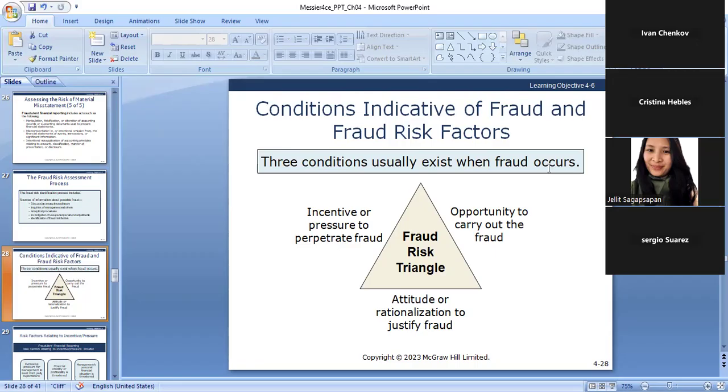If you have the pressure, regardless of what pressure, is it pressure because of financial reporting? Is it financial pressure? Is it because you're getting some advantages? Once you have that, the next thing that you're looking for is the opportunity. And once the opportunity happens, so you have the pressure, you see the opportunity, and once that happens, you're going to the realization.